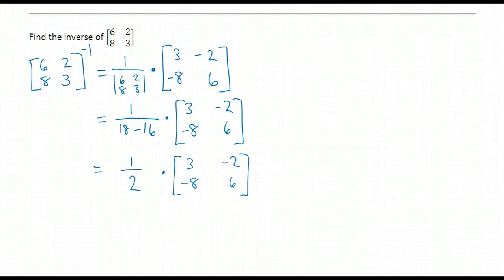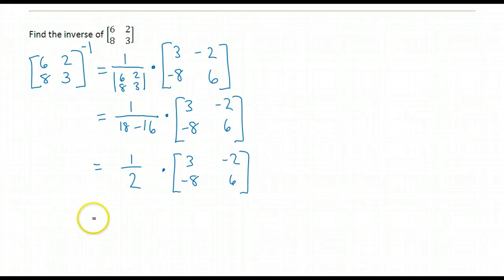In order to do scalar multiplication, I just need to multiply this number times everything in my matrix. I need to distribute by 1/2. 1/2 times 3 is 3 halves. 1/2 times -2 is going to be -1. 1/2 times -8 is -4.